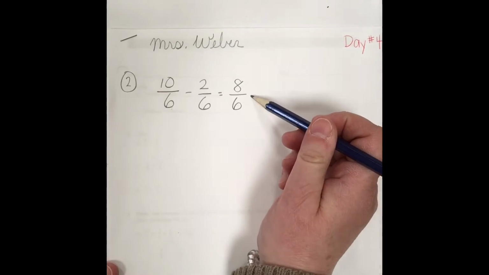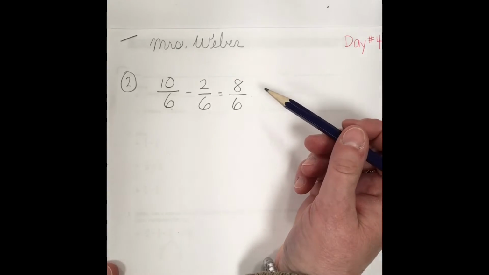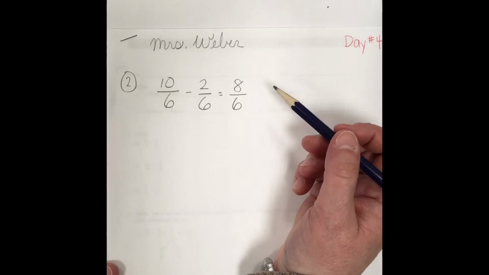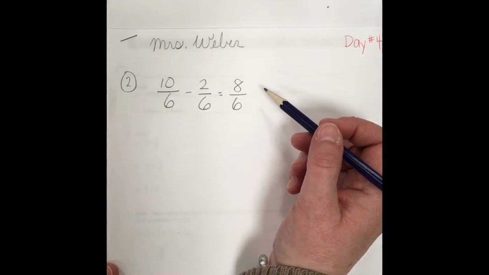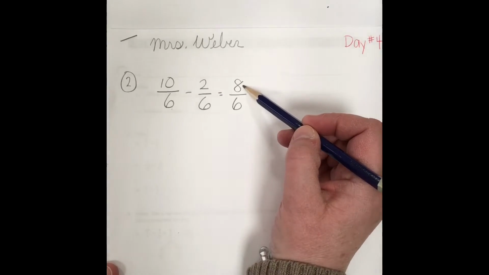So our difference is 8 sixths. Now, if you remember, we did this at the very beginning of our fraction unit. Now, I am left with a difference that is an improper fraction. We try not to leave our fractions as improper fractions.